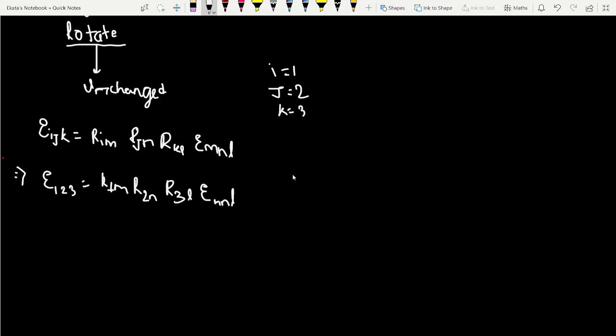If you remember some of the properties of the rotation matrices, then you will remember that we can write this expression, the one I have written here, as the determinant of R times epsilon naught 1, 2, 3.